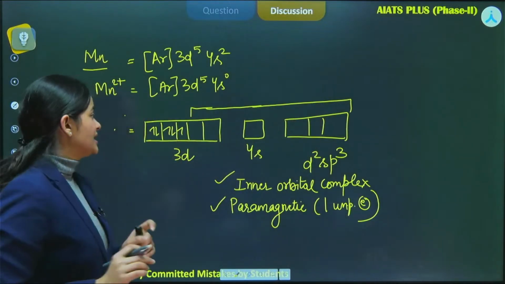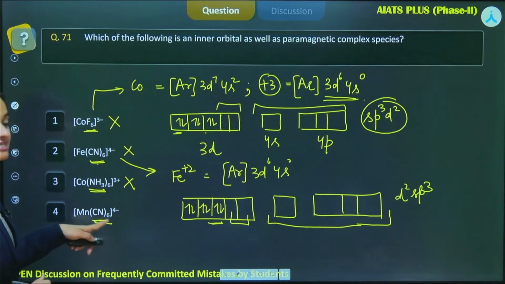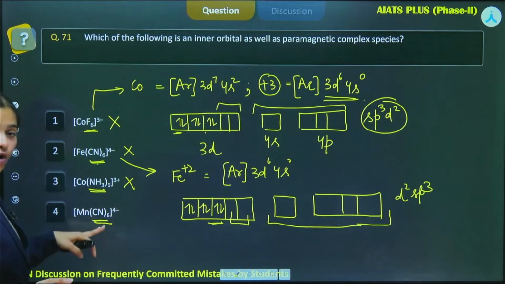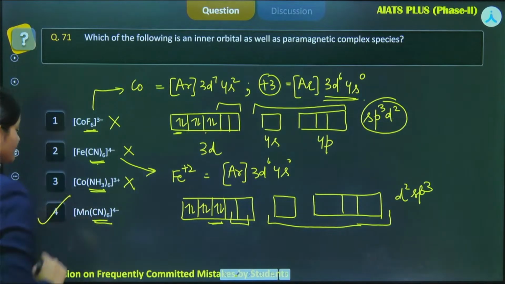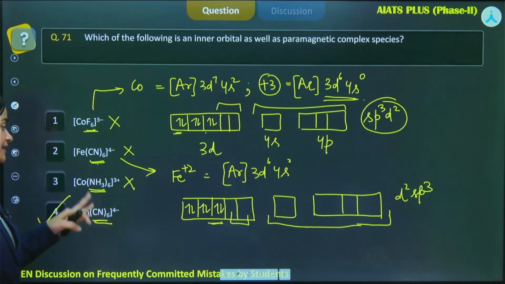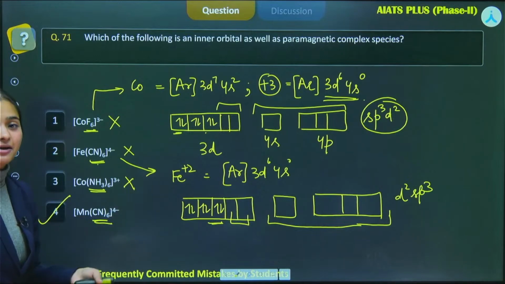Okay, that's all. So the complex that we had is [Mn(CN)6]4-. So option 4 was the correct answer. It is an inner orbital complex and paramagnetic. You marked the cobalt complex, [Co(NH3)6]3+, where cobalt was in the +3 oxidation state, but it was not paramagnetic.